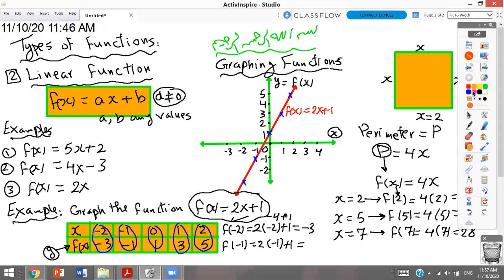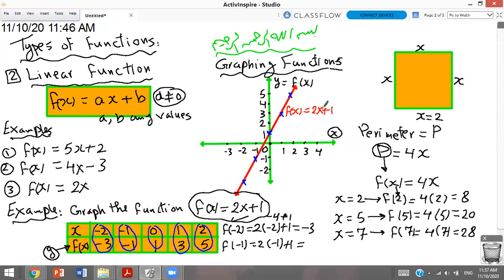Yes. X equal to what? This one, 2x plus 1. This is our function here. We graph it. Okay?